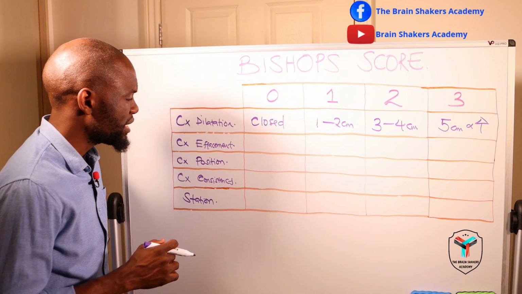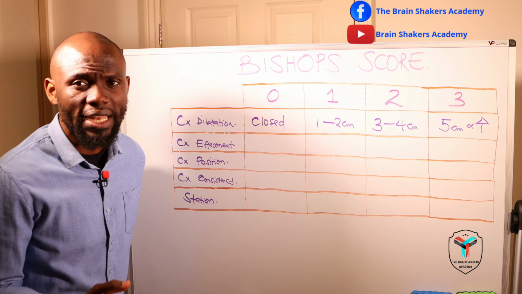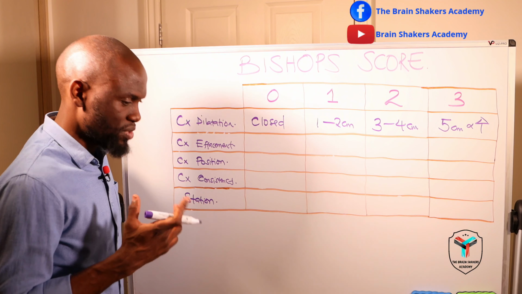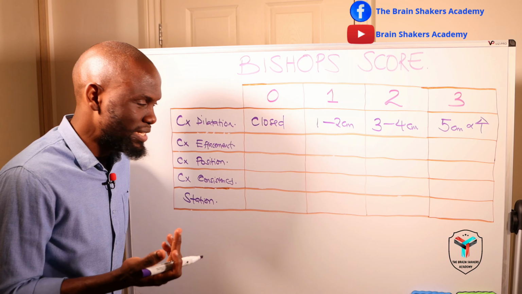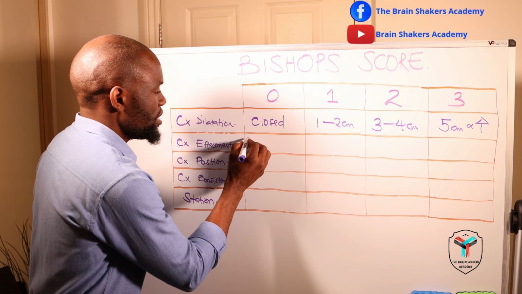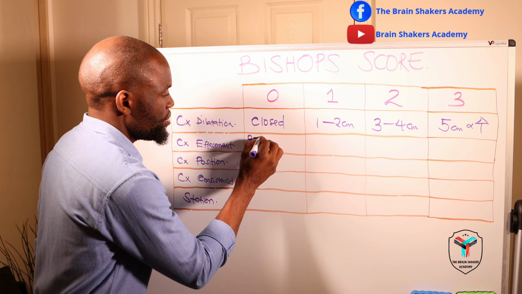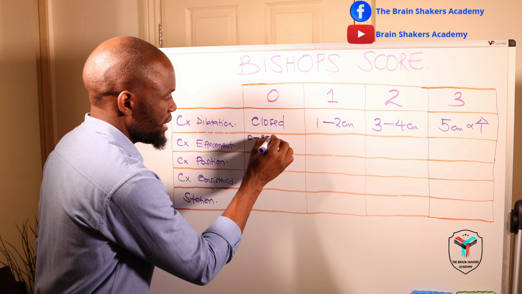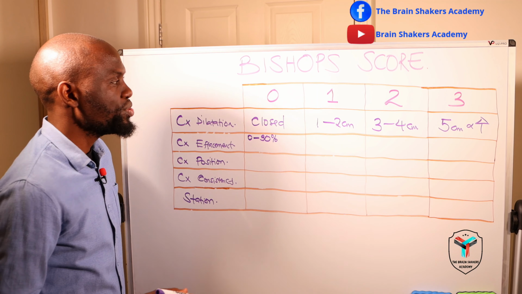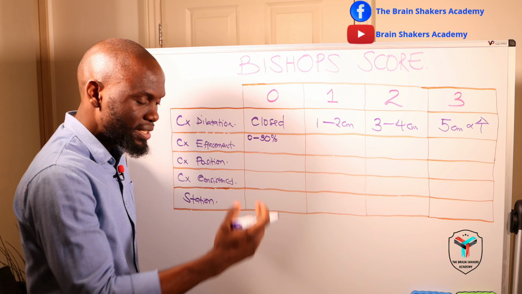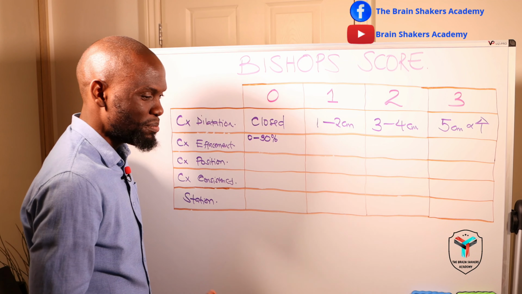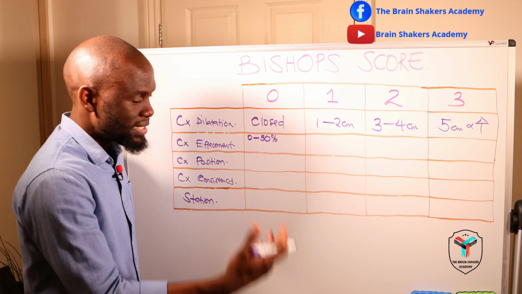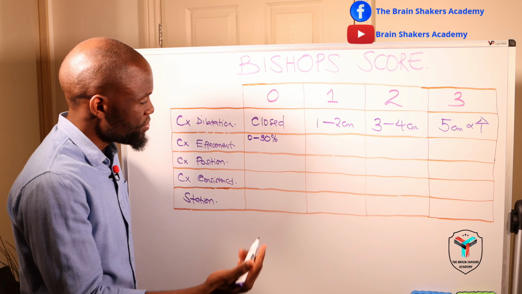Now let's look at the cervical effacement or the cervical length. In terms of effacement, we'll be looking at it as a percentage. When you have 0 to 30%, you will score it a 0, meaning that the probable chance of a successful induction is very minimal.